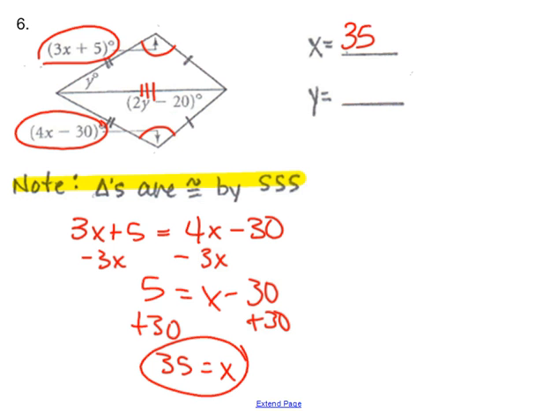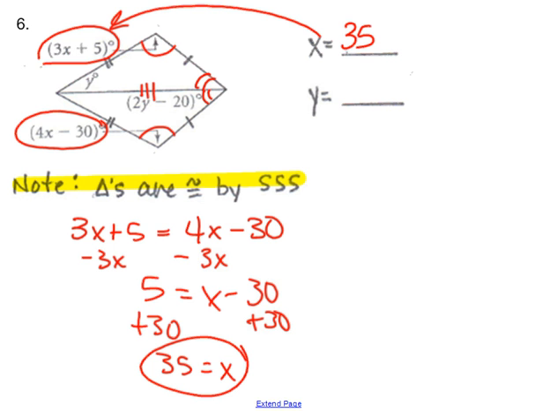So now we have to figure out what y is. Well, I know what x is, so I'm going to plug it back in to one of these terms. And then I can equal all three angles to 180. Because this angle right here is congruent to this angle right here.